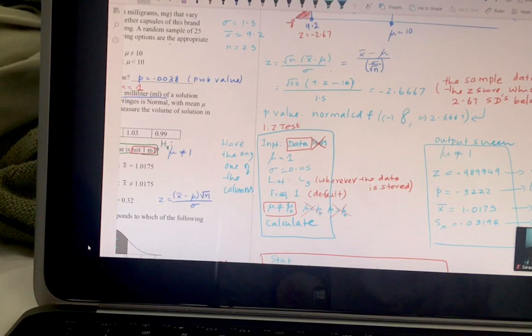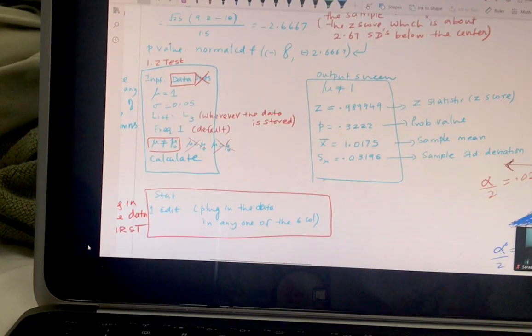The output screen will give you the z-score value and the p-value, the sample mean of the 8 observations, and then your Sx value. Obviously, when you plug in the sample data, the calculator will give you the sample mean and the sample standard deviation, because mean and standard deviation always go like twins.